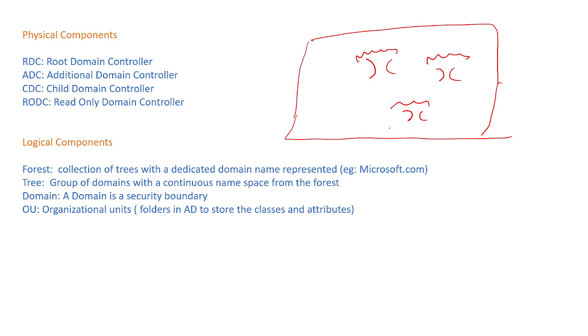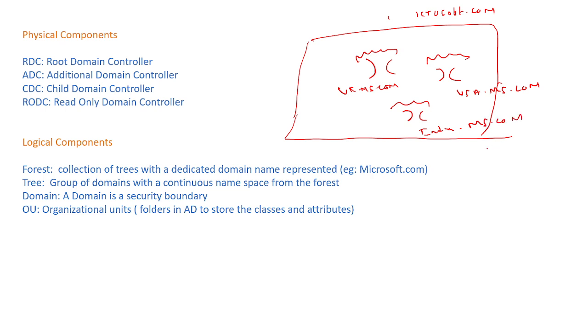If I talk about Microsoft as a forest here, say for example, this is a forest called Microsoft. We have a tree called uk.microsoft.com, usa.microsoft.com, india.microsoft.com.